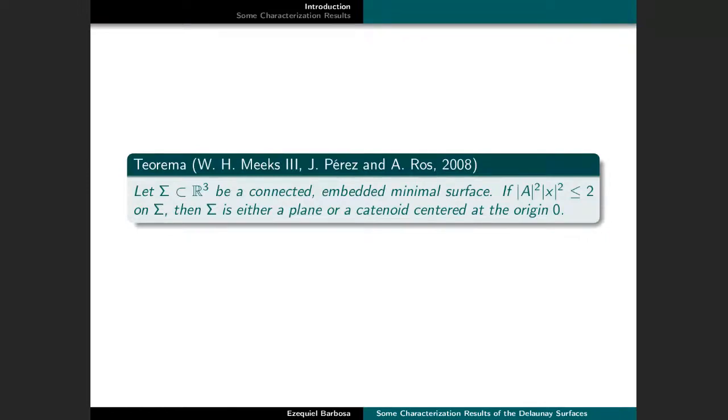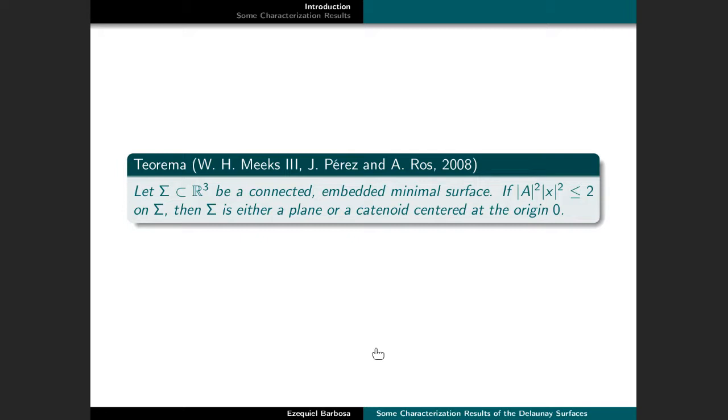Meeks, Pérez, and Ros in 2008 proved this result. If you consider a minimal surface, connected and embedded, satisfying this quadratic decay of curvature with the constant c equal to 2, then this surface should be either a plane or a catenoid centered at the origin.